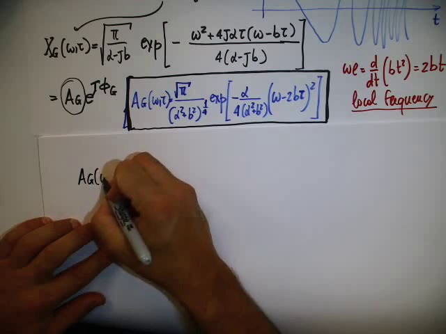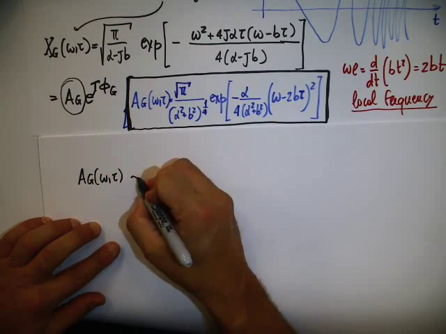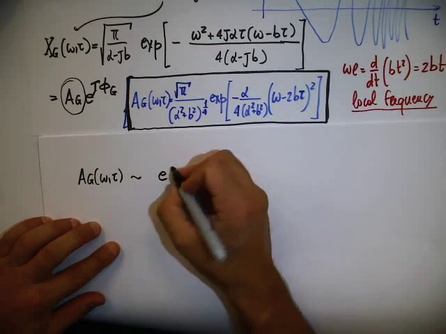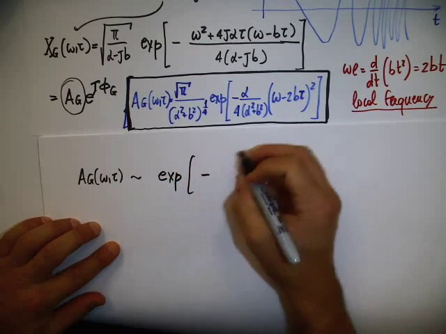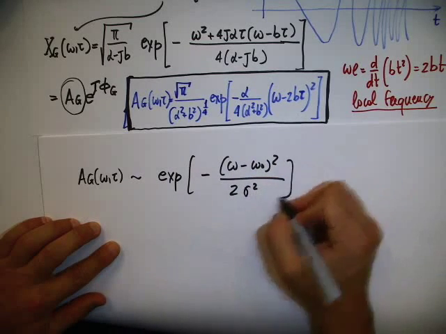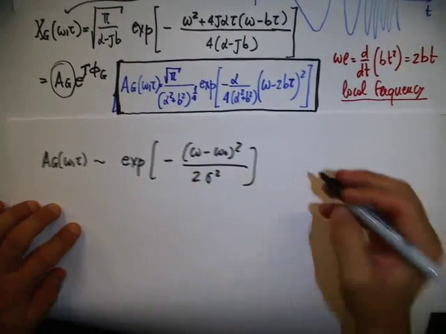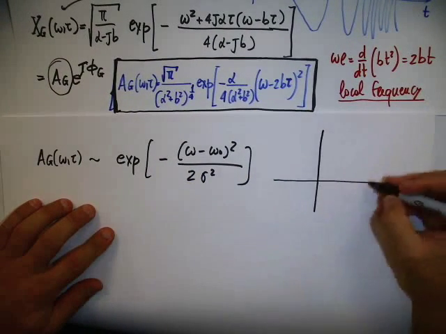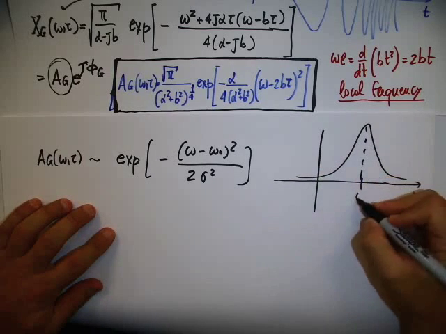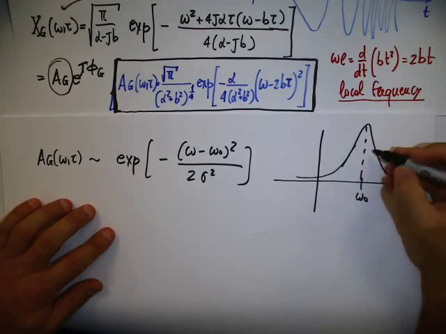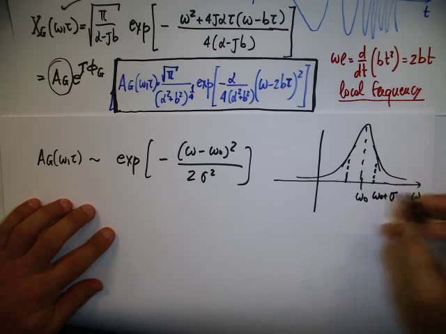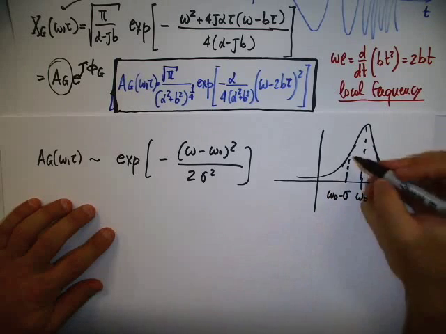Indeed, A_g of omega, tau looks like something like exponential of minus omega naught squared divided by 2 sigma squared. And this is basically a Gaussian bell that is centered at omega naught, and the inflection points are at omega naught plus sigma and omega naught minus sigma.